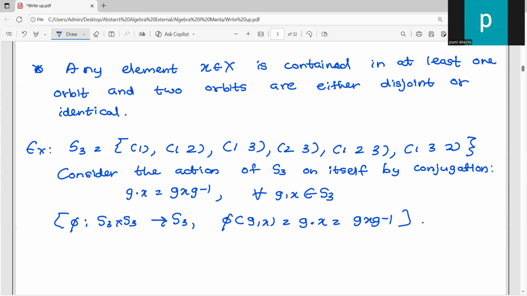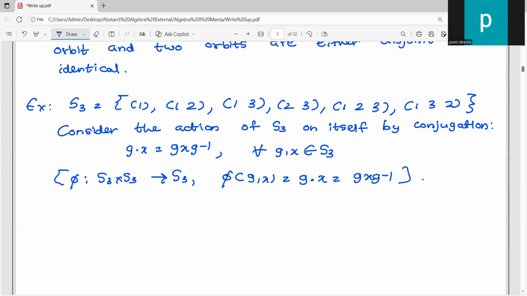Now, let's find the stabilizer of an element. Because the group is acting on itself, I will simply refer to it as just the group. Let's take the element (1 2) in S3 and find the stabilizer of this element (1 2).